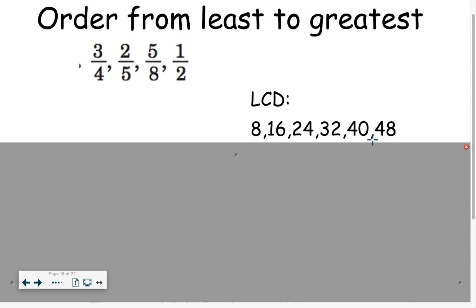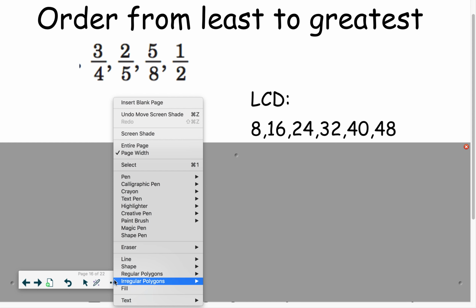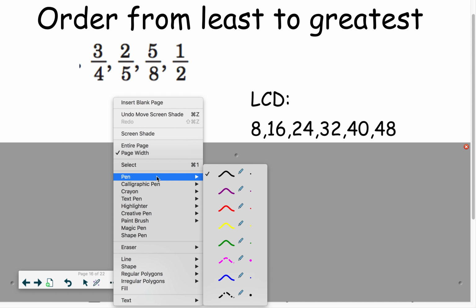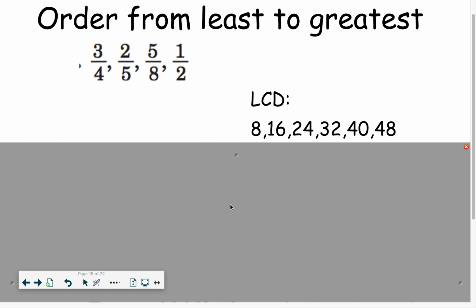Then I ask myself, which one of those numbers is also divisible by all of the other ones? So we look at 8. Can 8 be divided by 4? Yeah. Can 8 be divided by 5? No. Because it can't, we're going to cross it off.